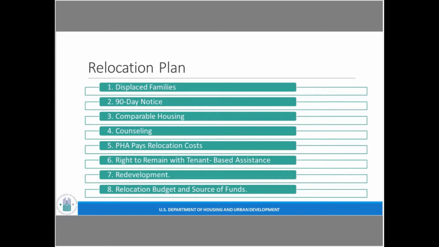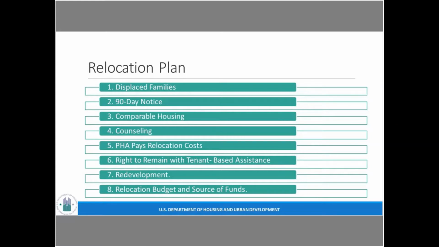So that means a few things. It means that those families are entitled to a 90-day notice informing them that they will be removed and their unit will be converted from the public housing program, even if, again, they're not physically required to move.